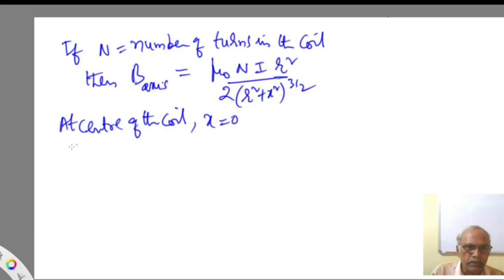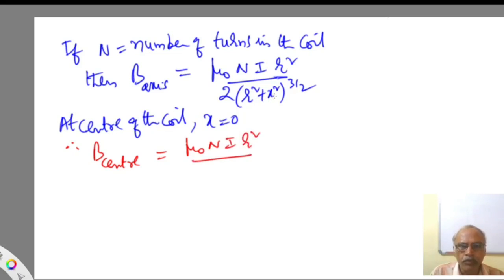Therefore, the magnetic field at the center of the coil is mu naught n I r square by, if you put x equal to 0, in the denominator it becomes 2 into r square power 3 by 2. R square power 3 by 2 means 2r cube.